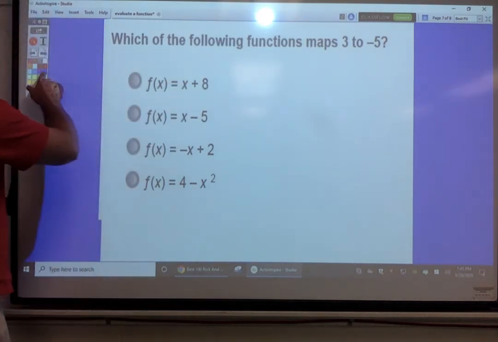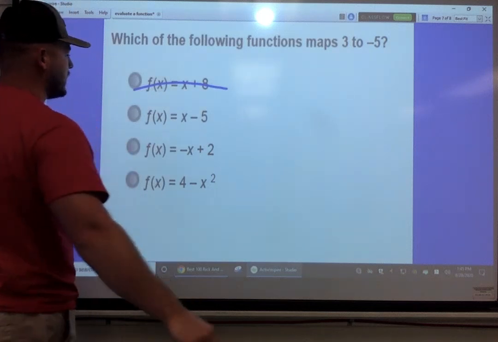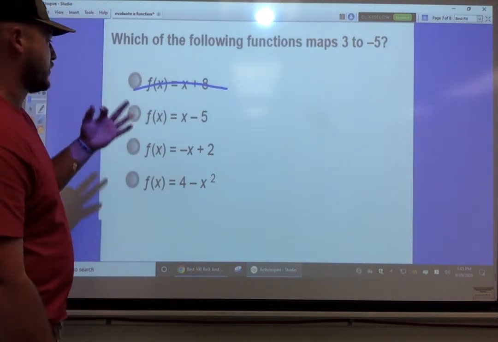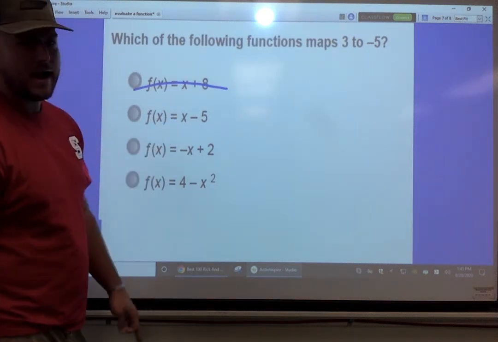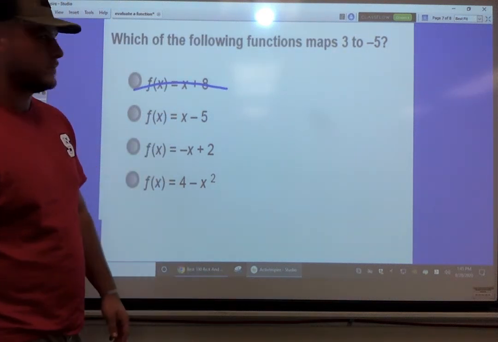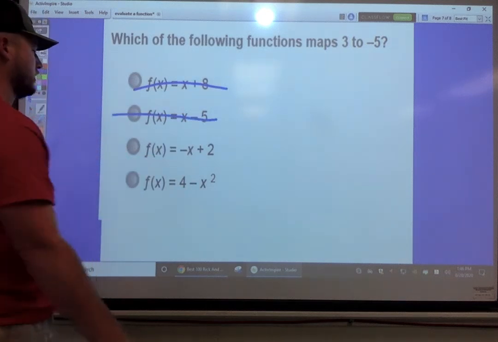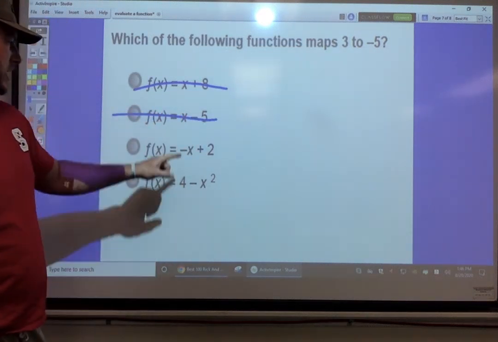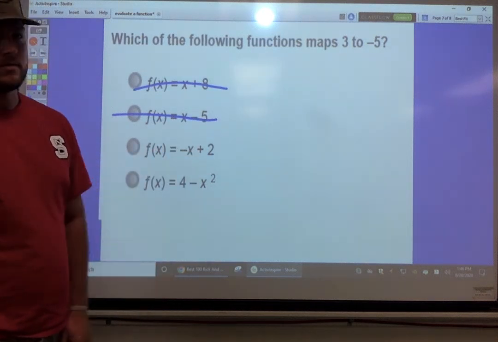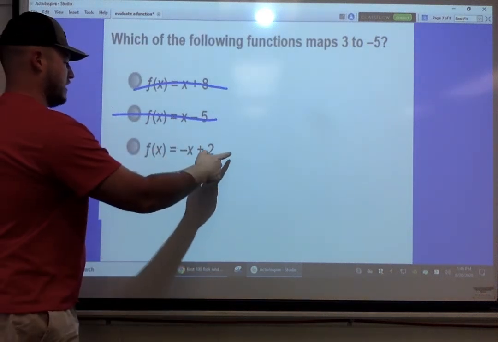So, definitely not the top one. If we plugged in a 3 here to the x, 3 minus 5 is -2. So, not going to be working there. If we plug in a positive 3 again here, so that becomes -3 plus 2, not giving us -5.